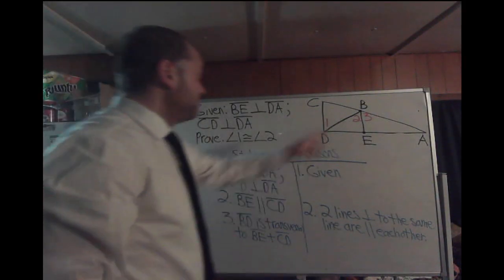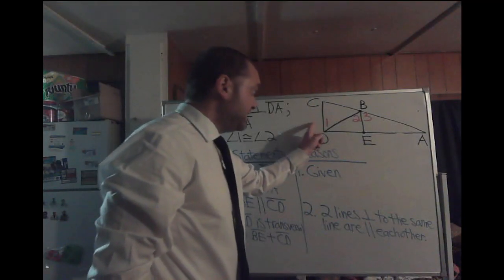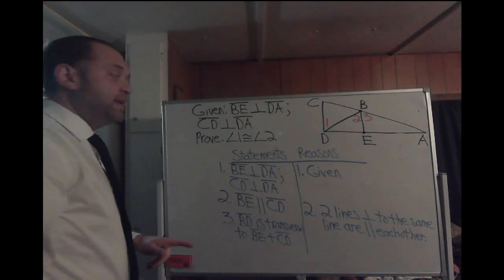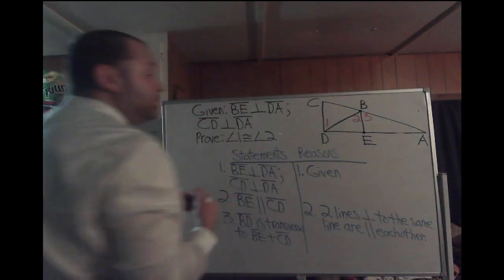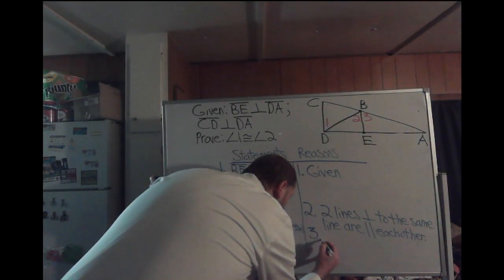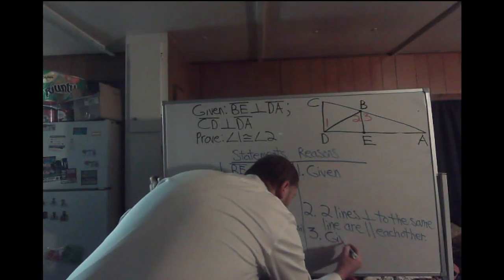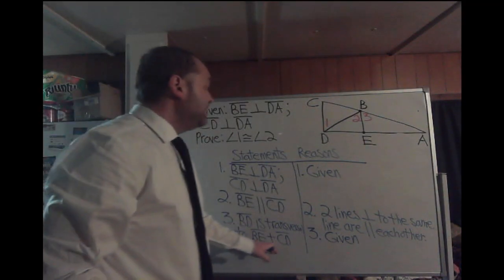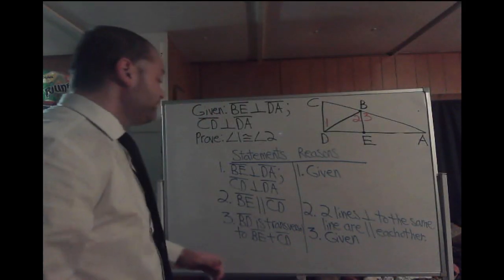So line segment BD is transversal to CD and BE. Well, how will we conclude that? If it's in the diagram, you can count that as given. So if you see it in the diagram, you can also count that as given information. That BD is transversal to BE and CD.